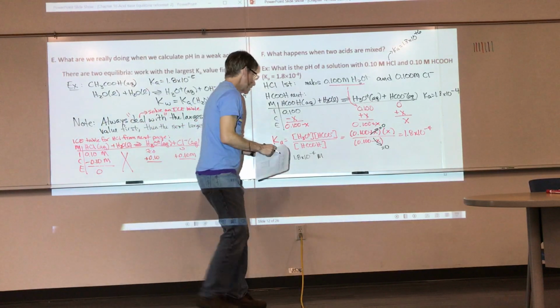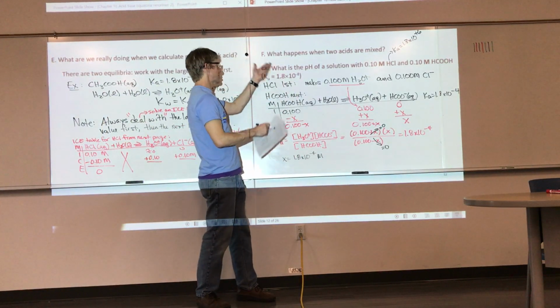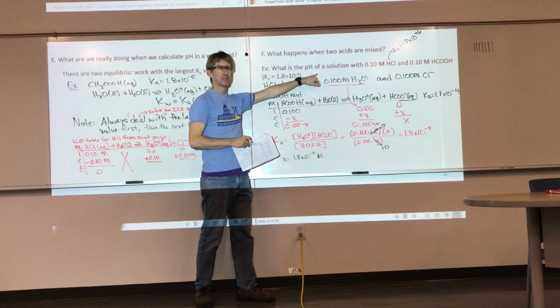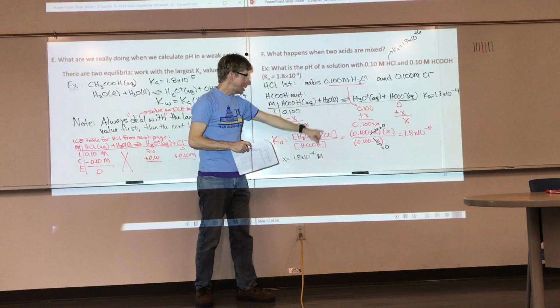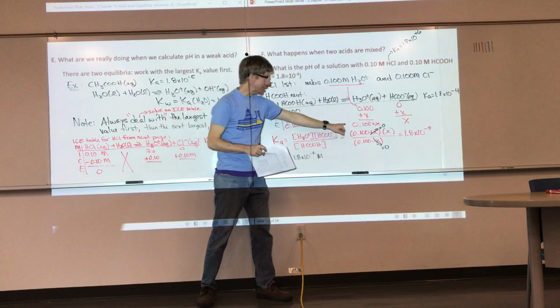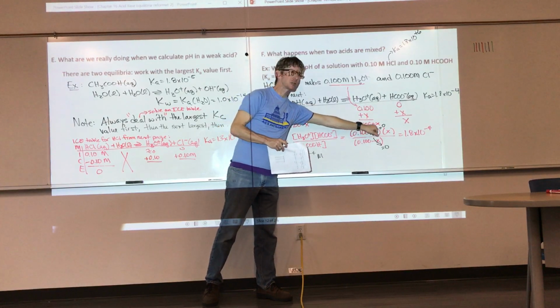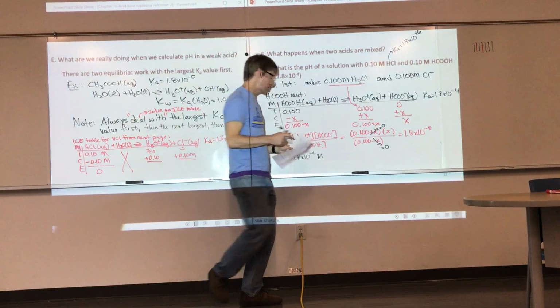Okay. What were we interested in? The pH. There we go. Our concentration of hydronium is 0.100 plus x, so let's include that now.